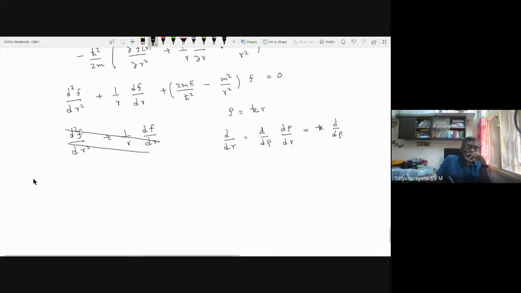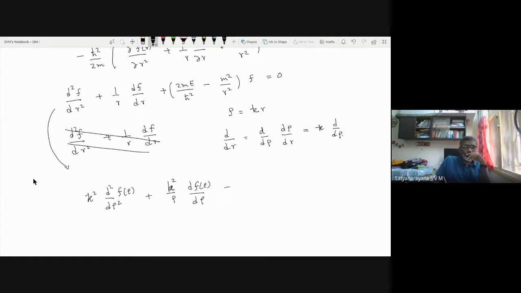So then this equation in terms of this rho is k square into d square by d rho square into this f of rho plus 1 by, so r is equal to rho by k, right? So that is k by rho into another k, so that is k square into df of rho by d rho.